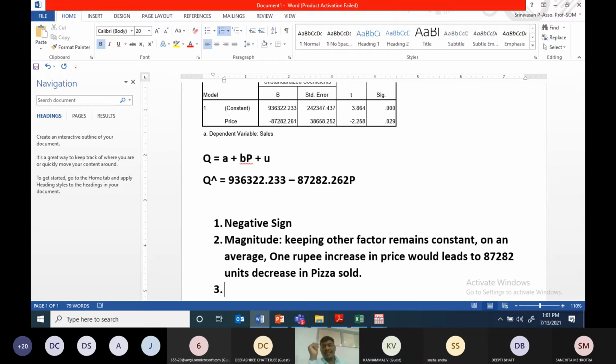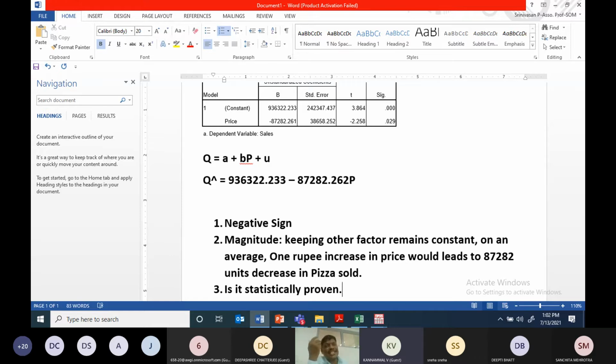Third point. I told you many times, even with basic correlation, that statistically you have to prove it, because you are a statistician. So, is it statistically proven? Consider the significance value.